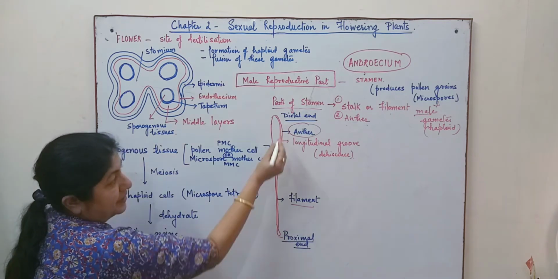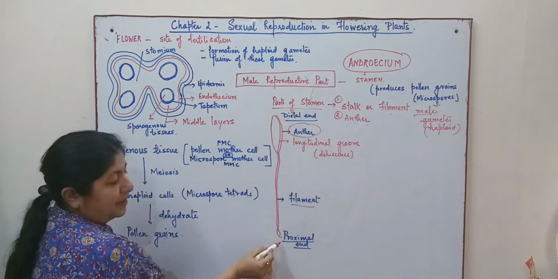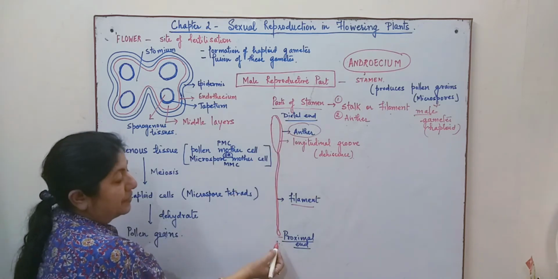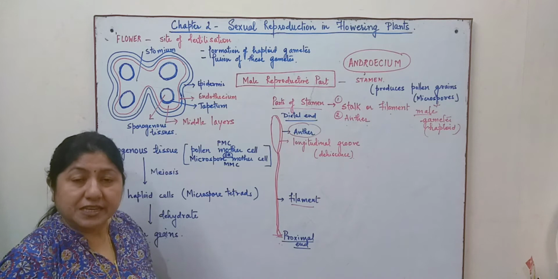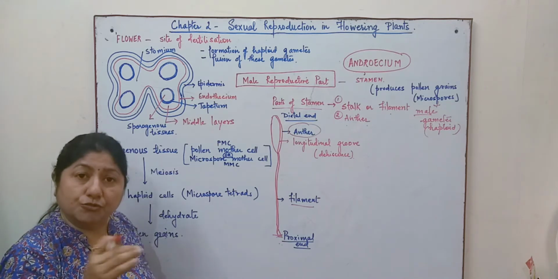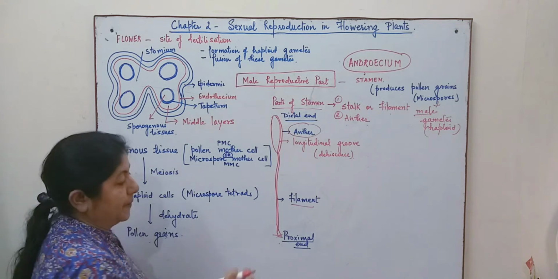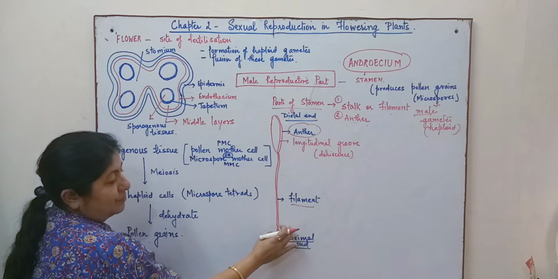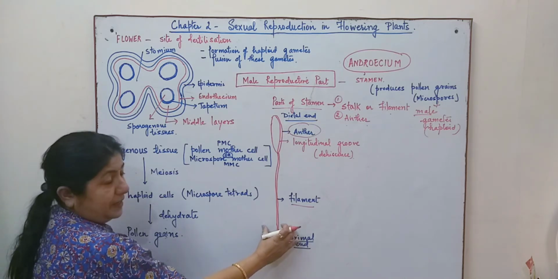So we have divided this into the distal end and the proximal end. These are the two ends of the filament, and the proximal end is either attached to the petal of the flower or to the thalamus, so that the stamen remains fixed in the flower, well placed.